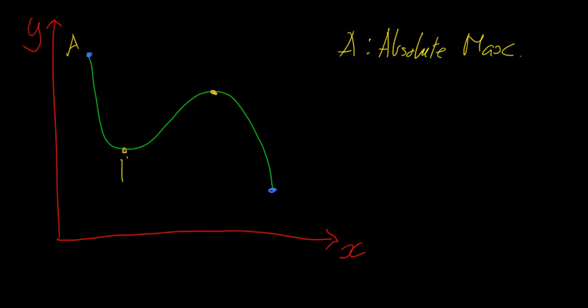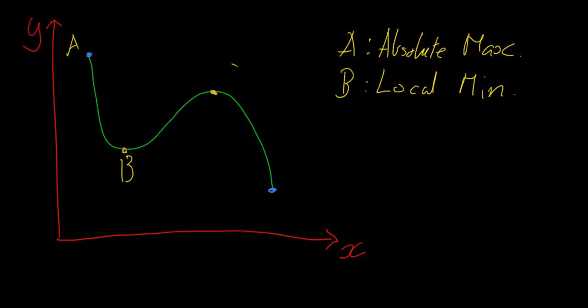Over here, point B, this is a local minimum. So it's still a minimum turning point, but we call it local because it's just the minimum for this vicinity over here. And if we look a bit further in this graph, you can see that this is an actual minimum, which has a point even lower than where this minimum over here is.